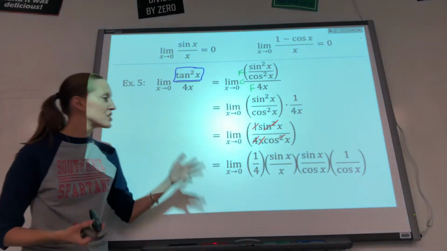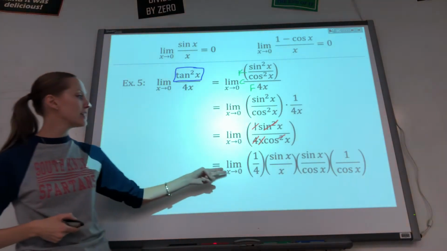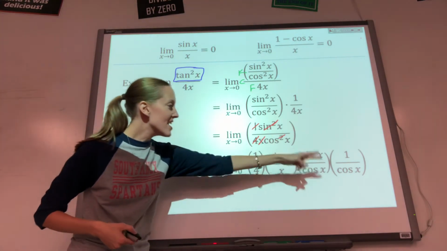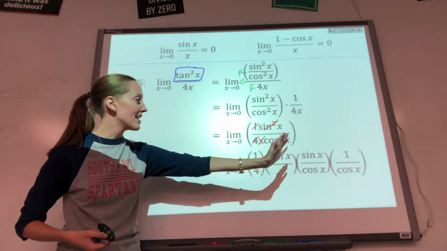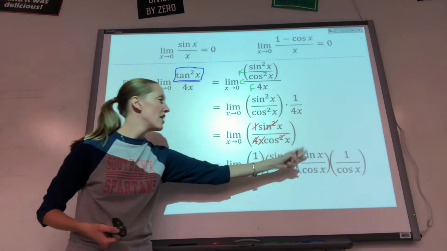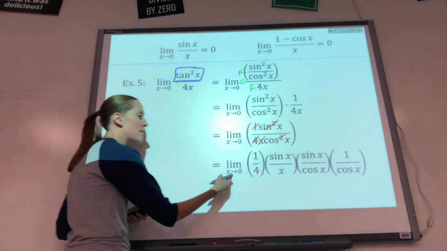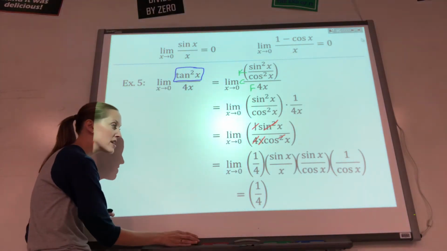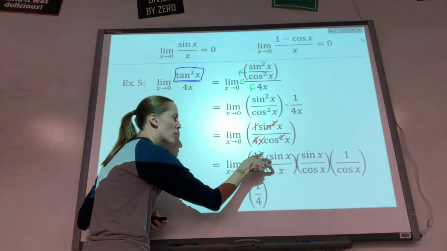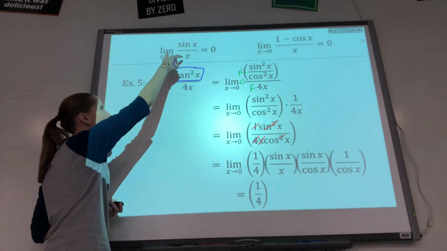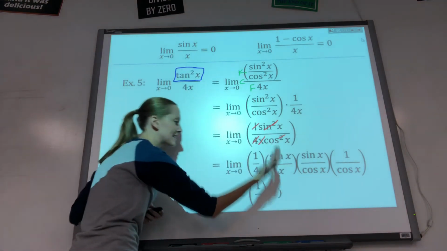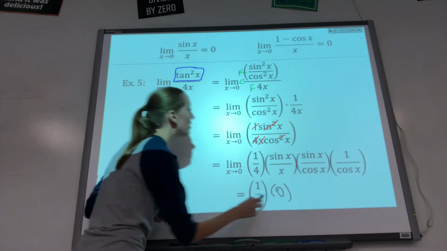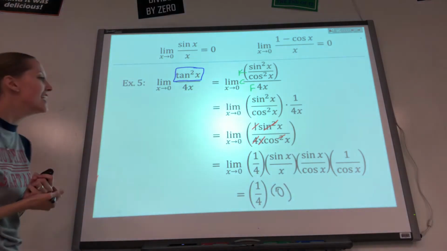Now, if you actually go through and find the limit of each part separately, remember the limit of a product is the product of the limits. The limit of 1/4 is just going to be 1/4. The limit as x approaches 0 of sine of x over x is 0. I'm going to put that there.